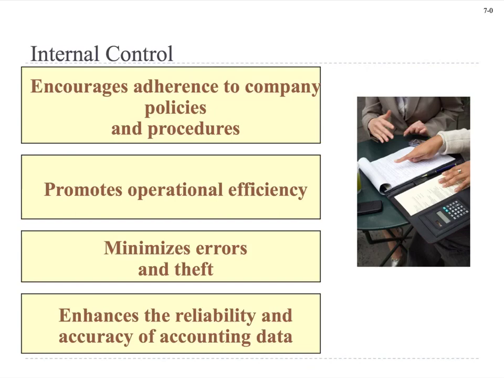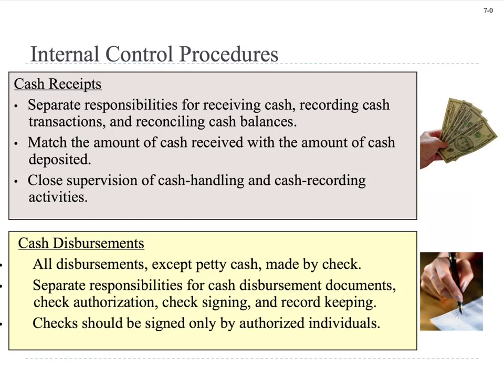Now, when we're thinking about cash and cash equivalents, I think that the internal controls over these balances are crucial because cash is such a high risk for theft area. So you really have to pay attention to the internal control structure. Some things to think about are cash receipts, so the money that you're actually getting in.